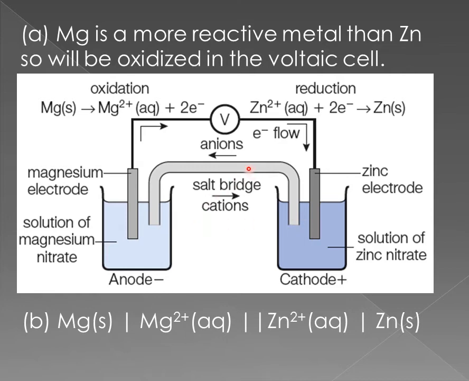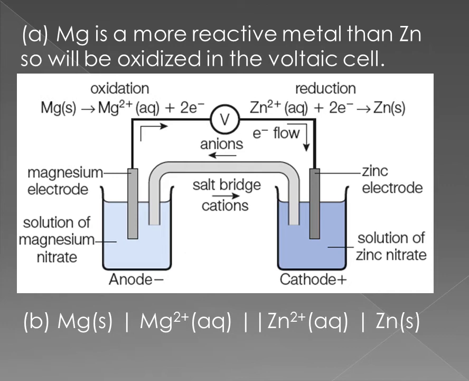While here the nitrate anions will migrate in the salt bridge to the anode half cell, this direction. Okay, and this is to compensate for the magnesium ions formed in this solution.